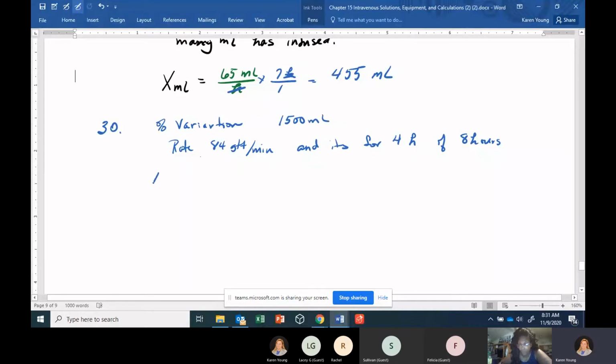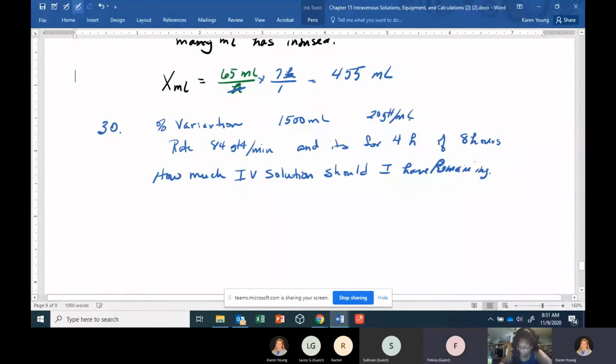And I want to know how much IV solution should I have remaining. Okay, my drop factor is going to be 20 drops per milliliter.